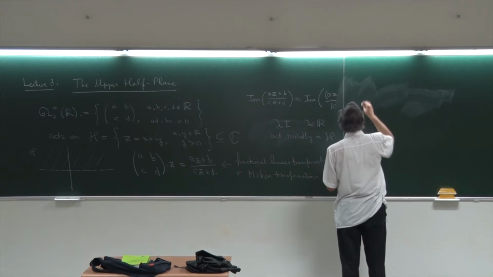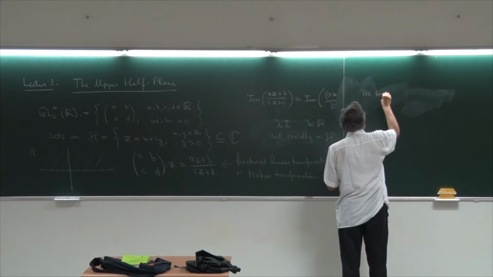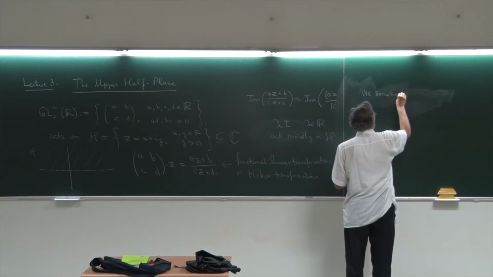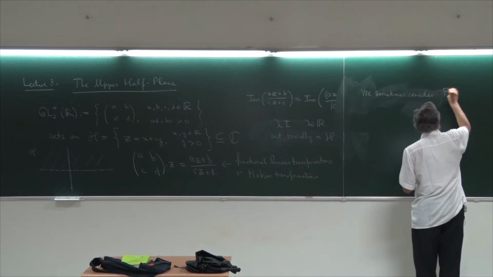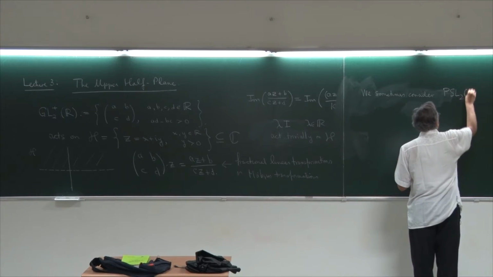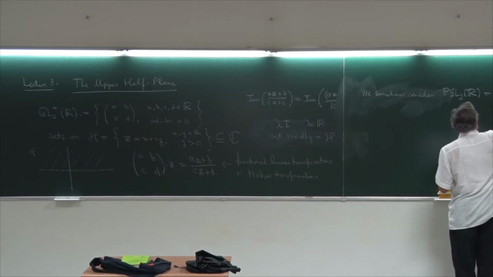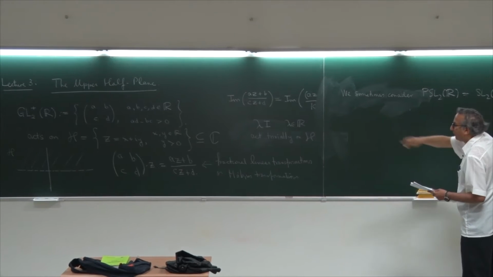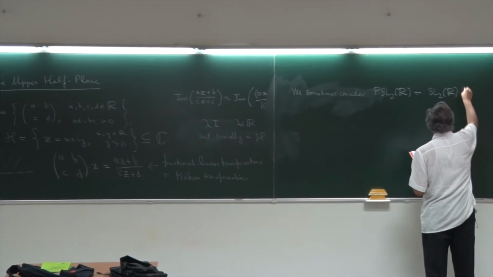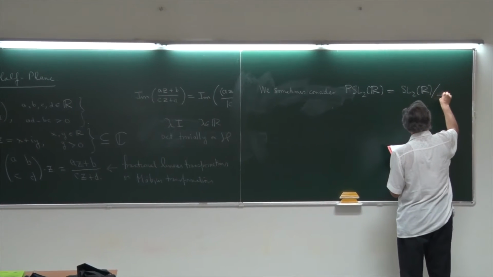So we sometimes consider PSL2R, which is SL2R modulo plus or minus the identity element.